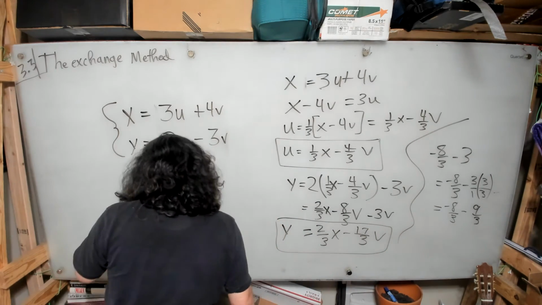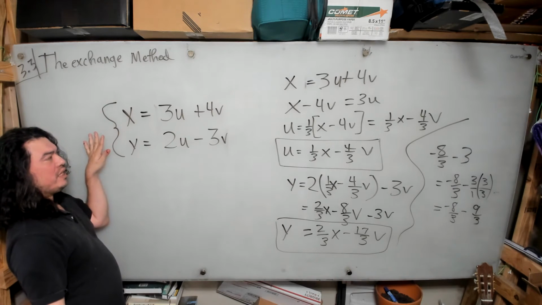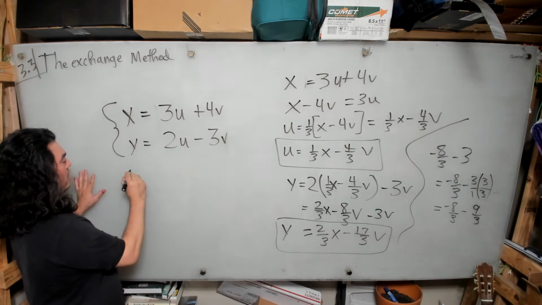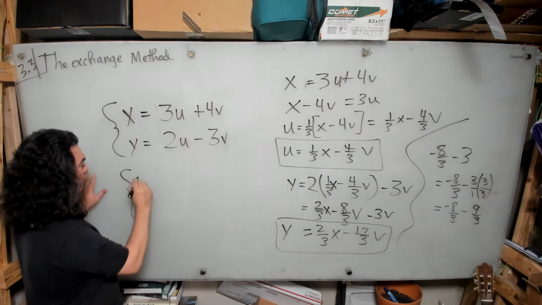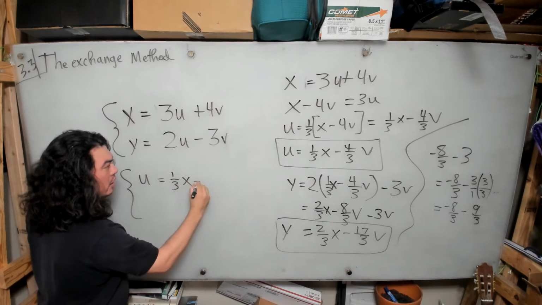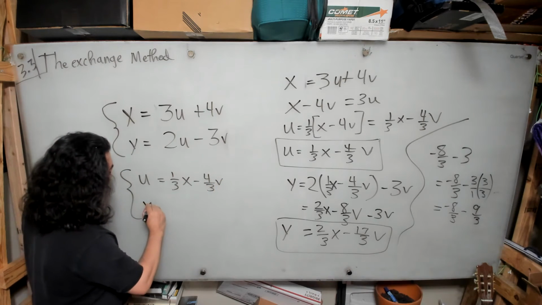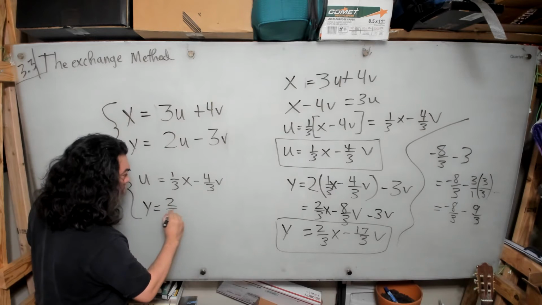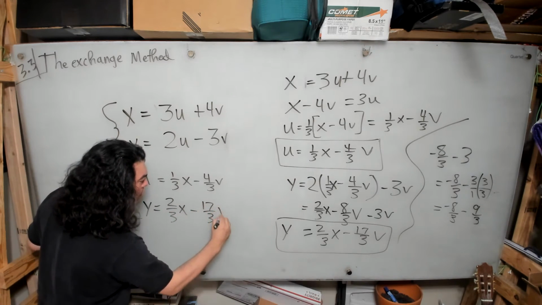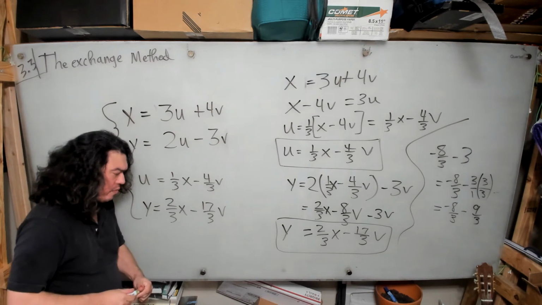What has happened is I have exchanged x and u in this system, and when I use this equation and this equation, I can write down this system as follows. u is equal to 1/3 x minus 4/3 v, and y is equal to 2/3 x minus 17/3 v. Okay? So now there are several things that I want to point out to you from this example.